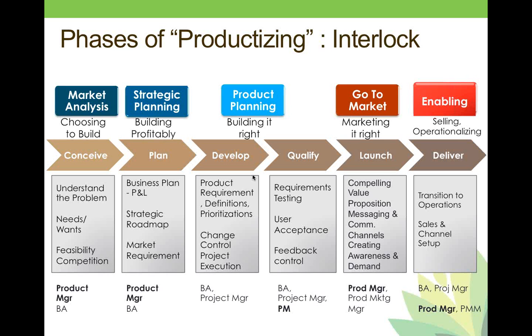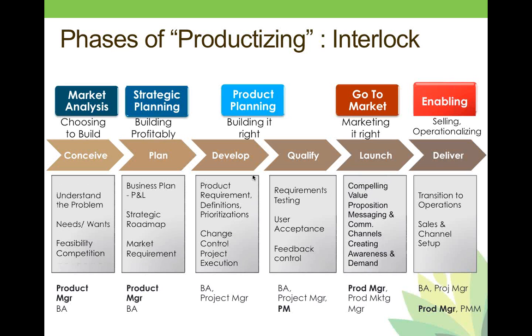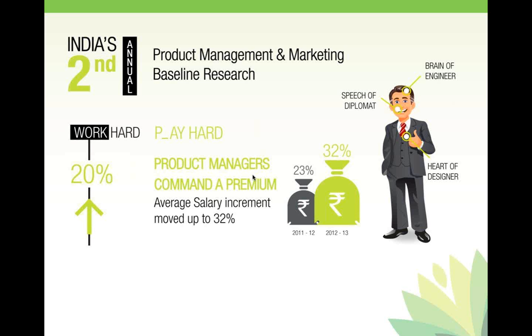So this is very important to understand, that the interlock is a critical aspect of what we want and what we expect in the emerging product leader, especially when you're building something of intellectual property.